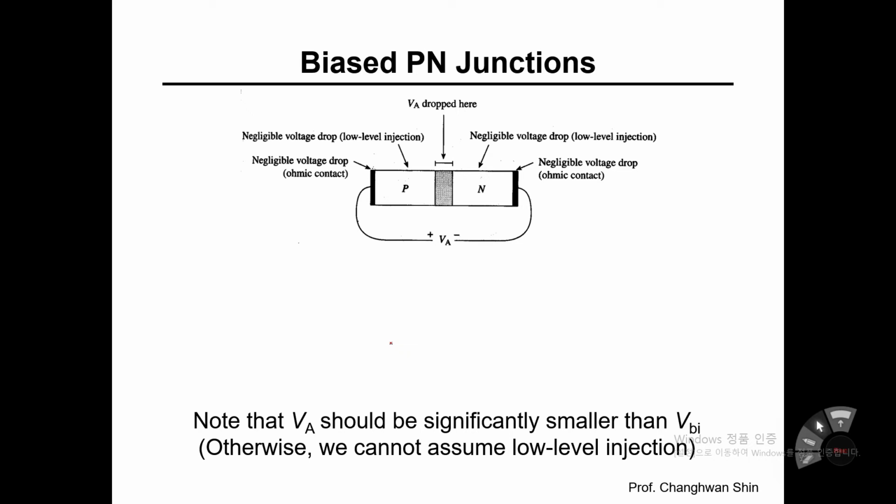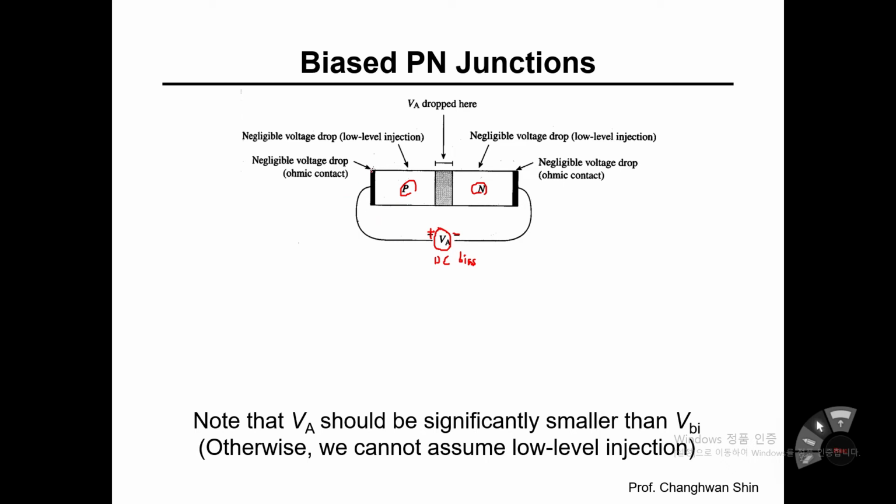In this lecture note, you can see a cross-sectional view of a PN junction, which is biased by the DC voltage denoted as V_A here. So a DC bias has been applied across this PN diode, and a few assumptions are to be used.